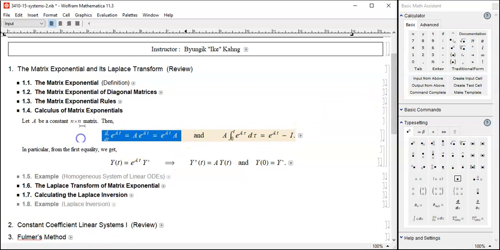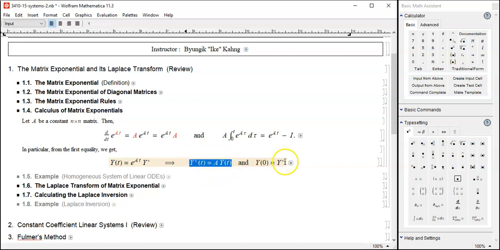So we can apply this rule, and one of the more important applications is right down here. If you have a homogeneous system of first order linear ODE with constant coefficients like this, and an initial condition, then the solution follows from this formula here.